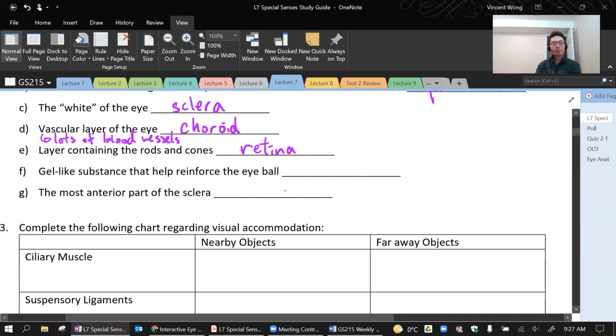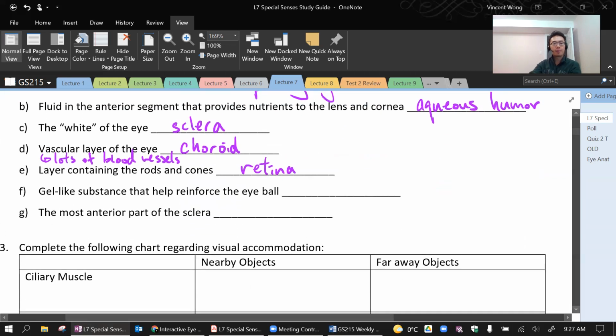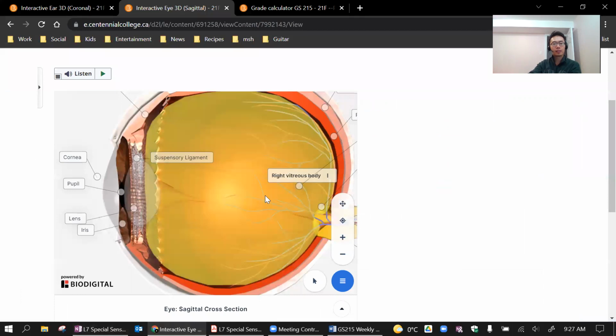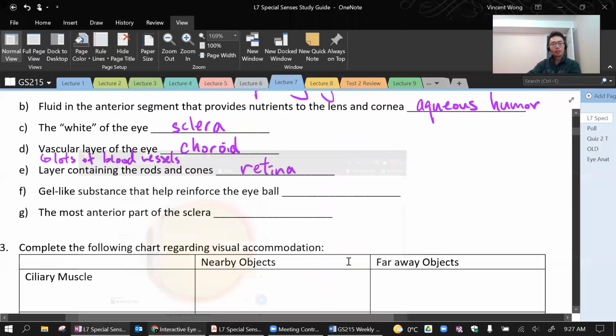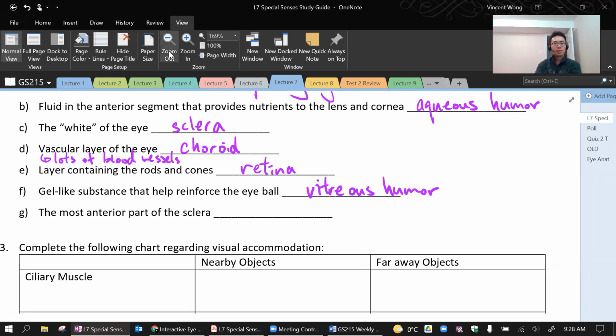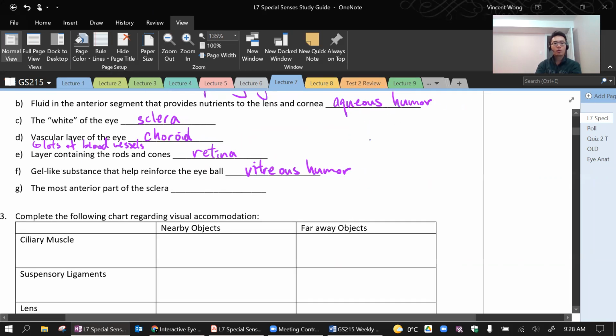There's a gel-like substance that helps reinforce the eyeball. So here is that gel-like substance, right? So the eyeball doesn't collapse on its own. That is called the vitreous humor. Okay. So we have to drain the aqueous humor.